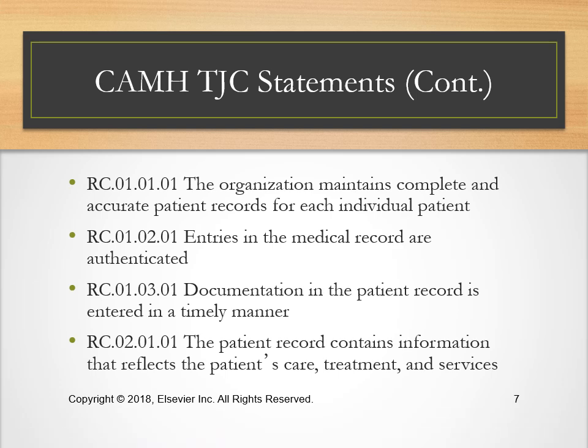The organization also has to maintain complete and accurate medical records for each and every patient. Entries in the medical record are authenticated, and documentation in the patient record is entered in a timely manner.